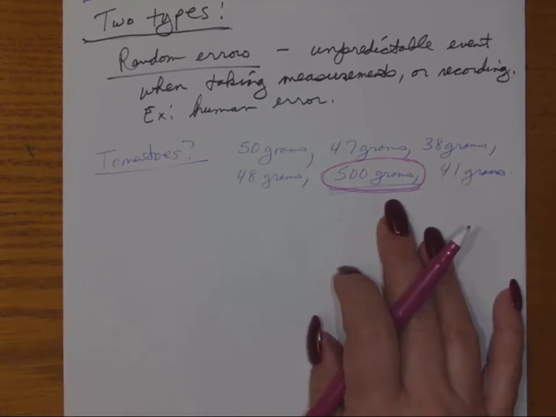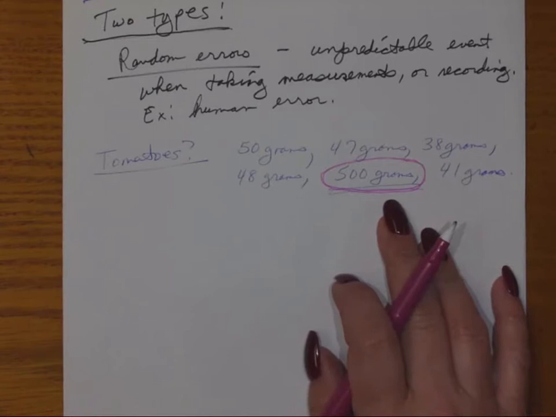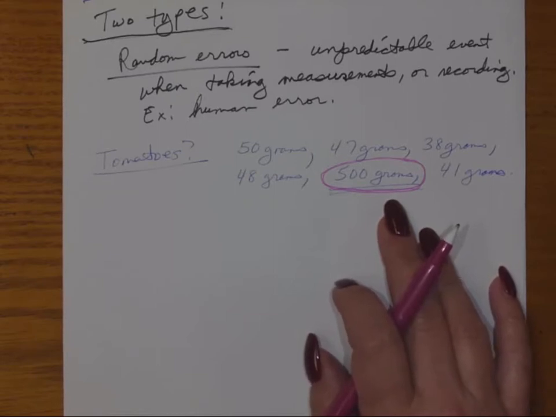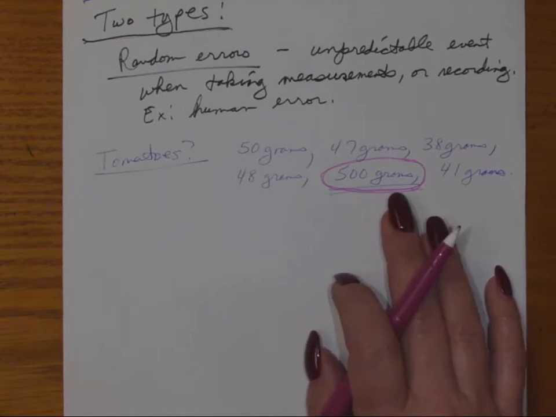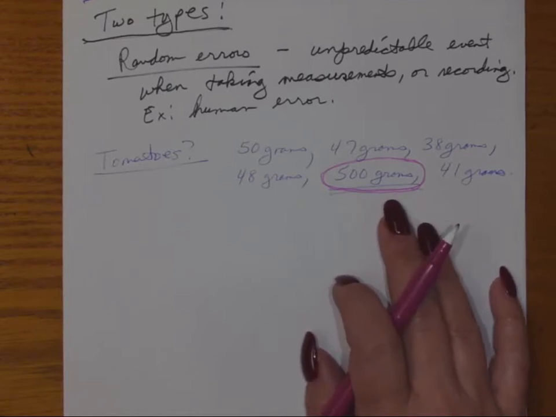Either this is a really huge tomato, and if that's the case, then he's probably an anomaly, and we need to talk about whether or not he's an outlier. We'll get to outliers later on in the course, but for right now, we'll say, oh, no, he's the same size as all the other tomatoes, because I think we would have noticed that this one was really huge, right?